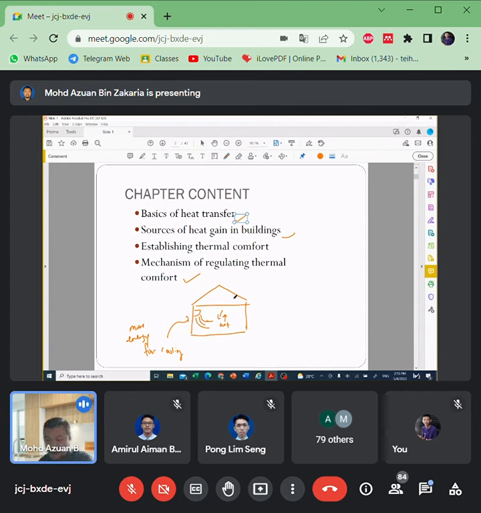Therefore, the best way to use an air conditioning system is to at least provide a good building envelope that can slightly reduce heat going into the indoor condition, so we can enjoy a slightly better indoor condition. And if we use air conditioning for cooling, we can reduce the energy for cooling. So in heat transfer, we will learn how to prevent or reduce heat transfer through the building envelope. We call it the building envelope, ruang lingkup bangunan.